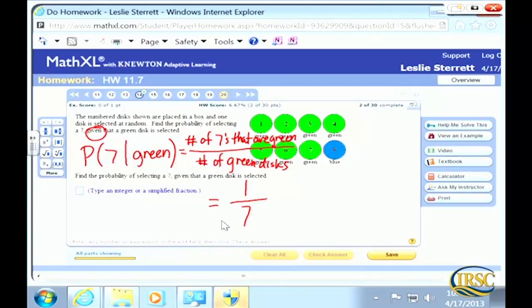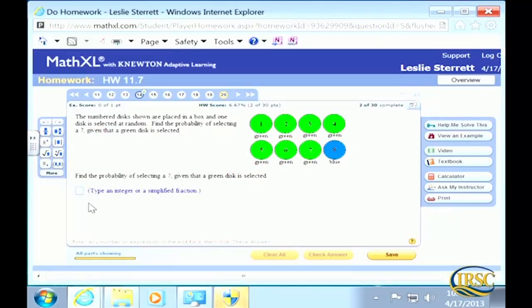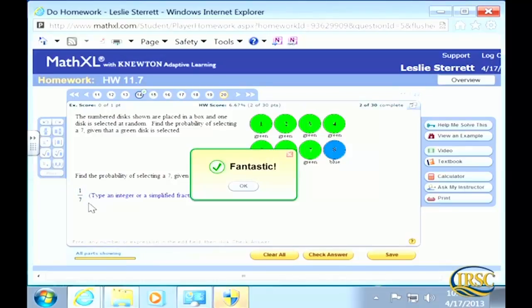And then the denominator is always the number that's given, the information that's given. Okay, so 1 over 7. Fantastic. So we get to end on a fantastic.